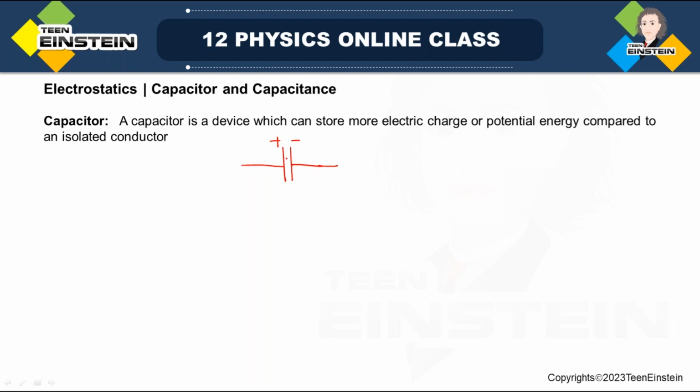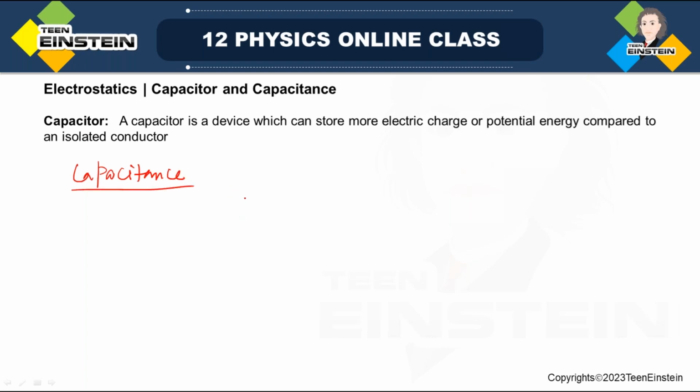This is a parallel plate capacitor, and this is the circuit symbol of a capacitor. Okay, now we'll see what is capacitance. What is the capacitance of a capacitor?